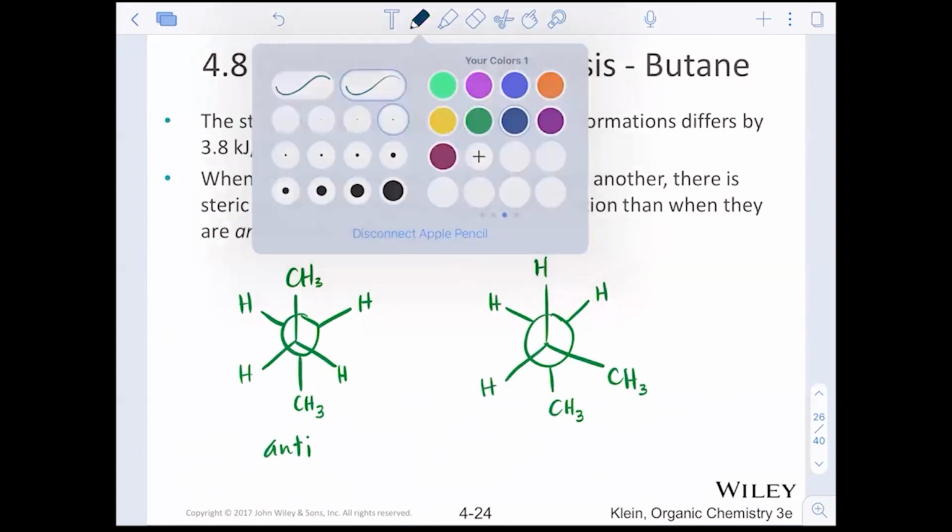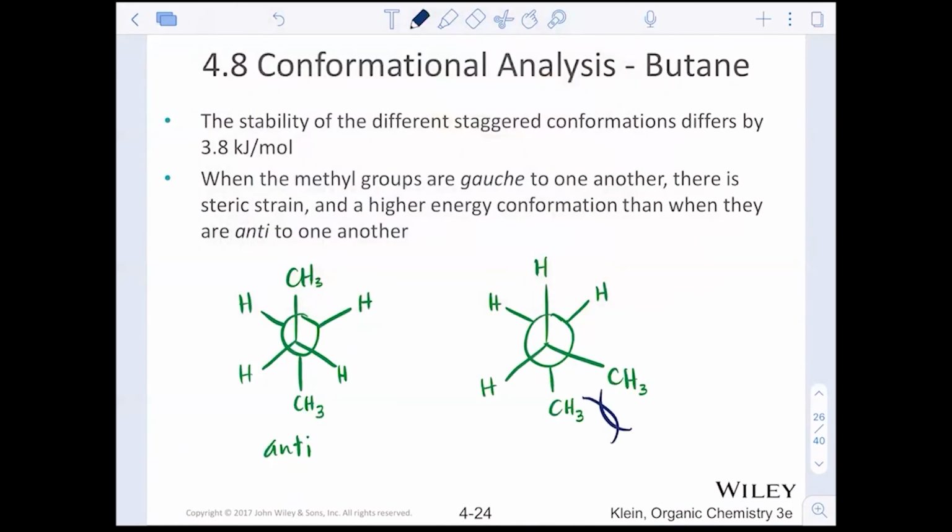And here is where there's some steric hindrance, there's some bumping into each other. And that is what costs 3.8 kilojoules per mole. And it costs that because those methyl groups are actually interacting. They're close enough that we can cause a little bit of what we call steric strain. Higher energy because the 2 big groups with a lot of bonds with more electrons, those electrons are closer together, and we know electrons repel.